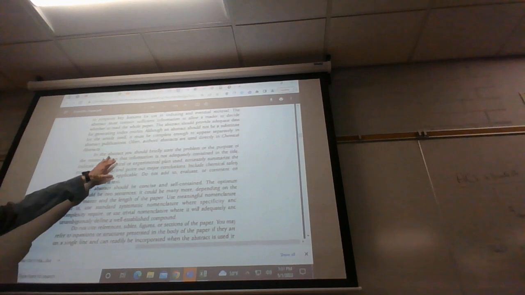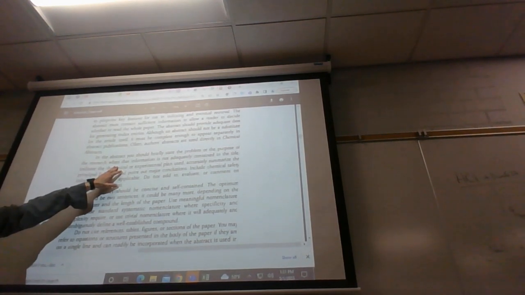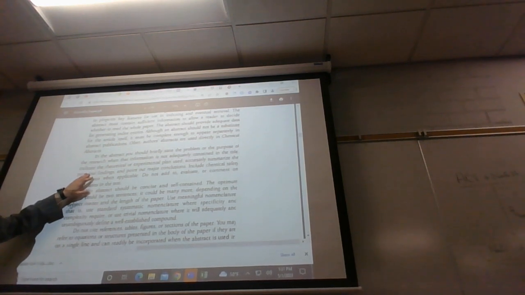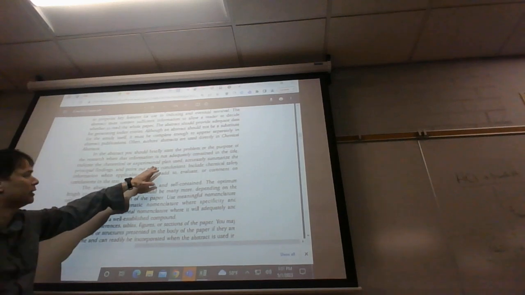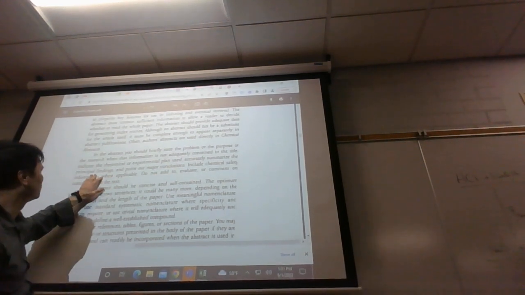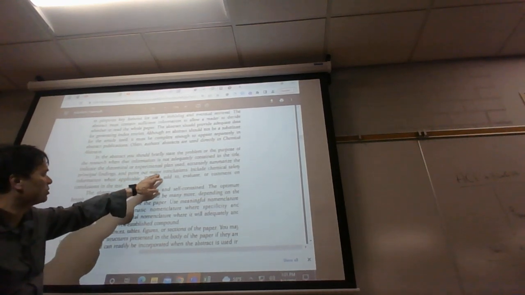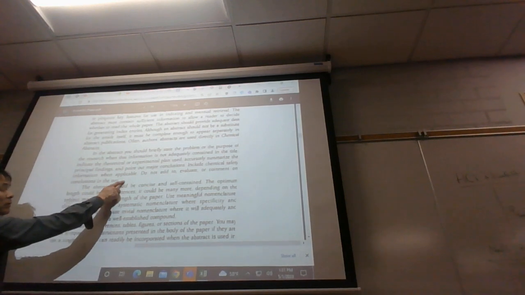So in the abstract, you should briefly state the problem or the purpose of the research when that information is not adequately contained in the title. Indicate the theoretical or experimental plan used. Okay, we're using gravimetric analysis. Accurately summarize the principal findings and point out major conclusions. Include chemical safety information when applicable.